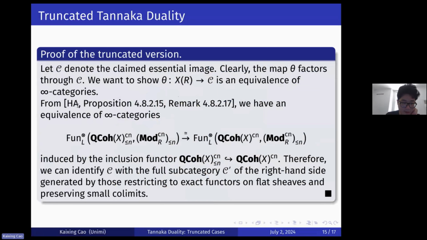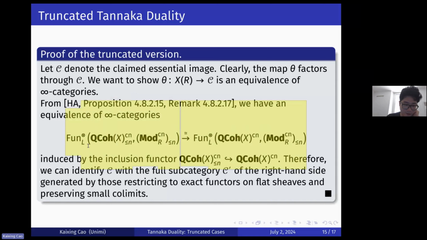But from Lurie's Higher Algebra, we know that because our target category is untruncated, we only need to study the functors on the untruncated quasi-coherent sheaves on X. So particularly from Higher Algebra, we know there is an equivalence of functor categories.